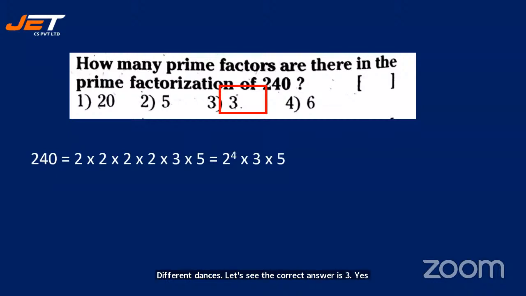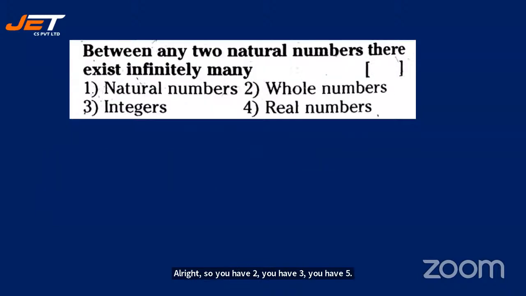Work it out. 240, when you take the prime factorization, you get 2 into 2 into 2 into 2, which is 2 power 4, multiplied by 3 into 5. All right. So you have 2, you have 3, you have 5. Therefore, it is 3. All right. Yes. See the next question.